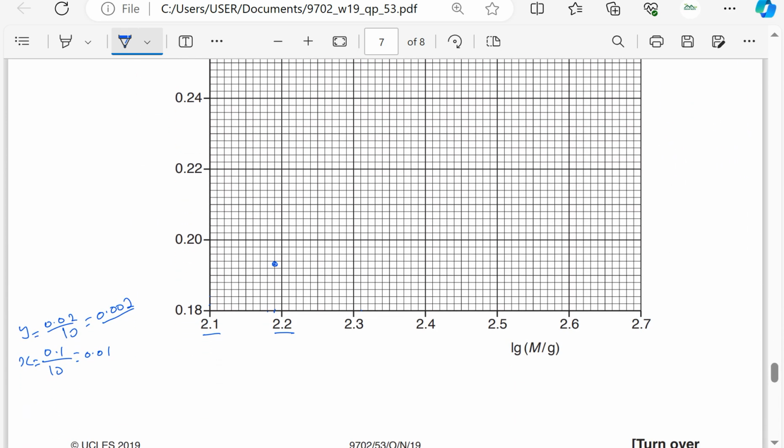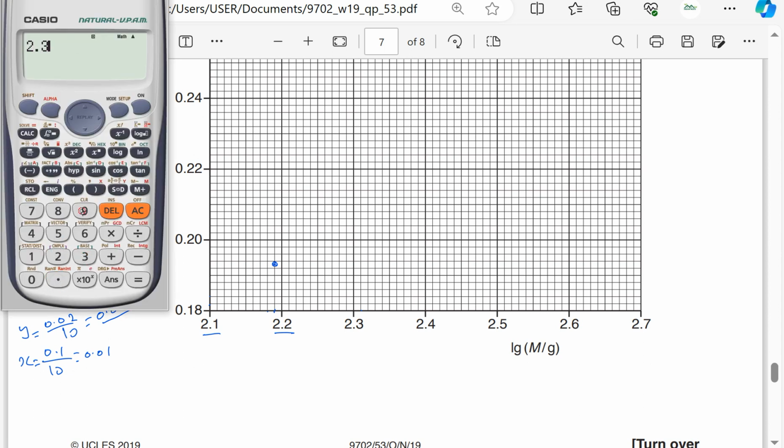So 2.398, I'll say 2.398 minus, it is between 2.3 and 2.4, so I'll say minus 2.3 divided by the scale, which is 0.01. So I'll add 9.8, approximately 10, so it's almost 2.4 on the x-axis.